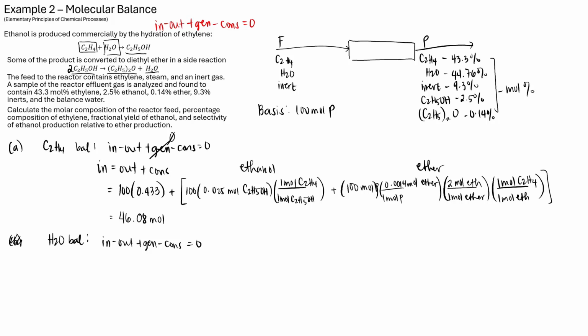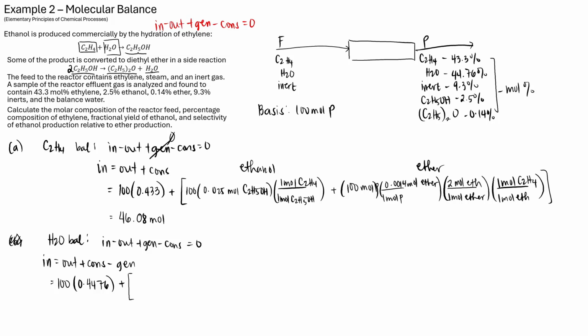So, wala tayong ma-cancel out. Let's just solve for the in. So, in is equals to out plus consumed minus generated. So, let's take care of the out first. 100 times 0.4476 plus consume.